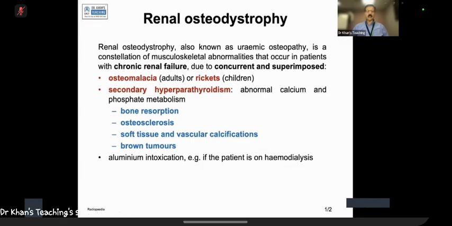Now, this is renal osteodystrophy. The radiology of renal osteodystrophy is stigmata of osteomalacia and rickets, and then secondary hyperparathyroidism, and with that there can be increased bone density.